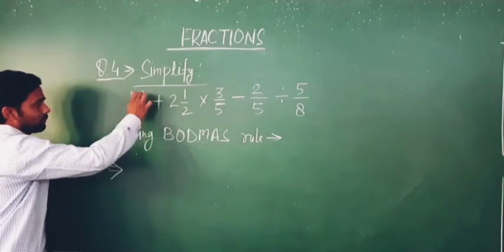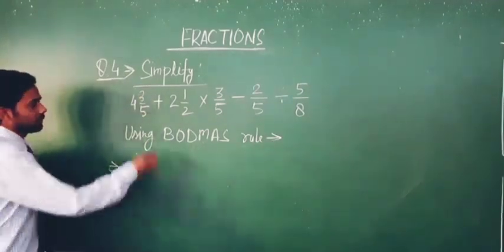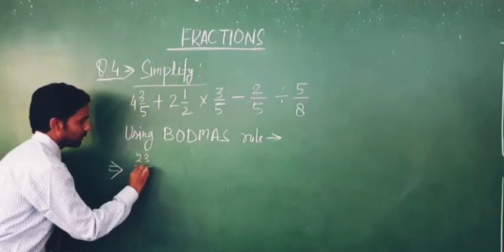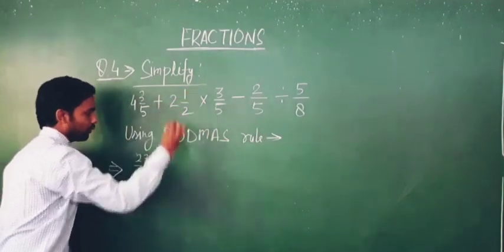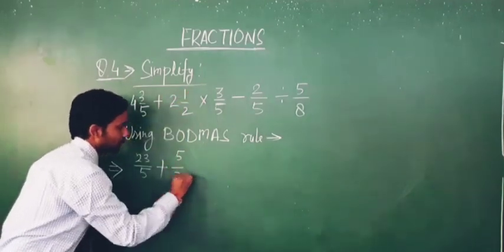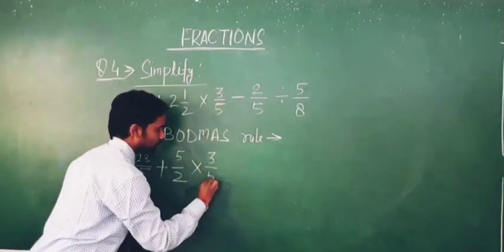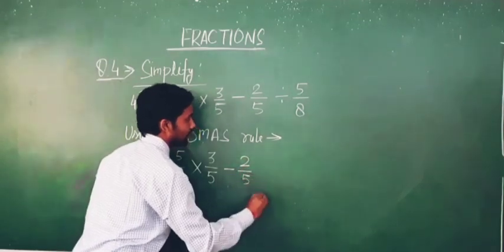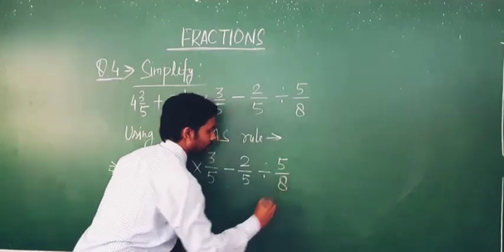First we solve it. We convert it into improper fractions. 5 fours are 20, 20 plus 3, 23 upon 5, plus 2 twos are 4, 4 plus 1, 5 upon 2. Multiplied by 3 upon 5 minus 2 upon 5 and divided by 5 upon 8.